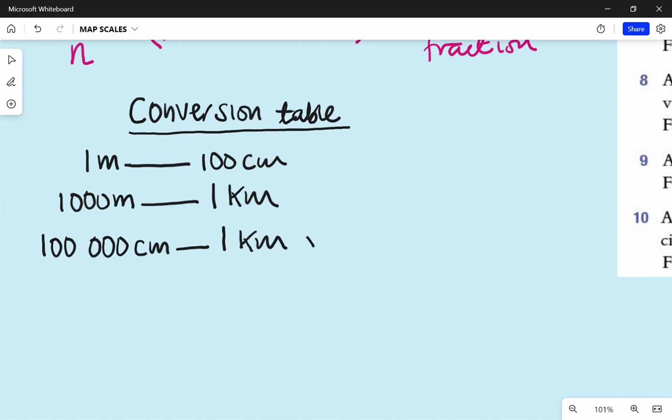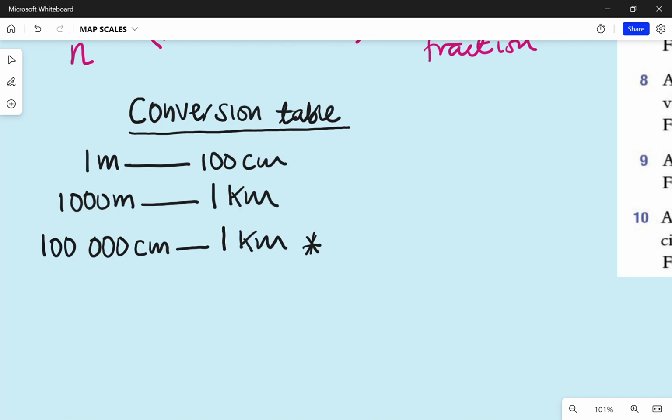This is very important because most of the questions we are going to meet, this is the conversion we are going to be working with. To convert from centimeters to kilometers, we're just going to divide by 100,000.